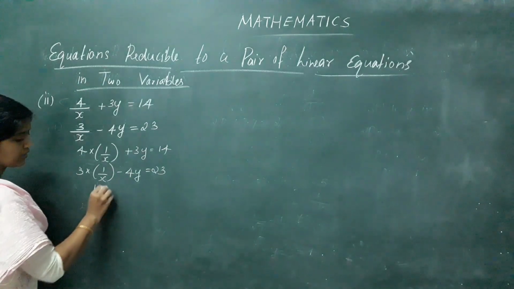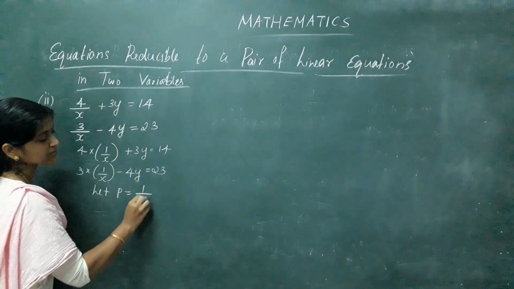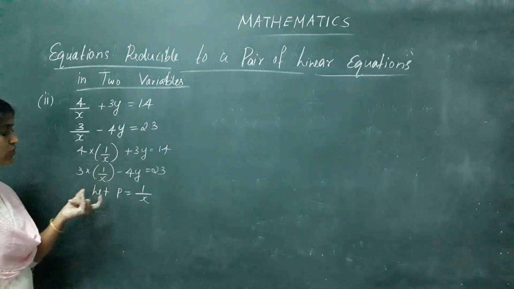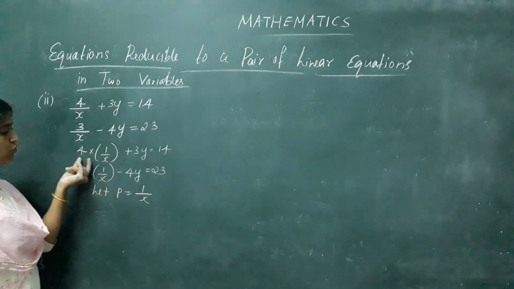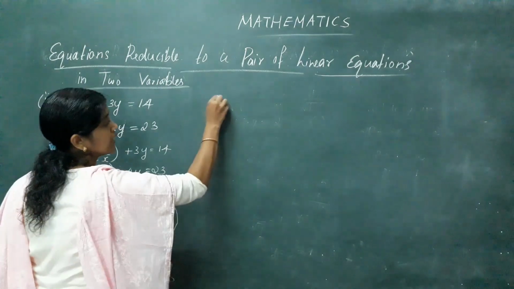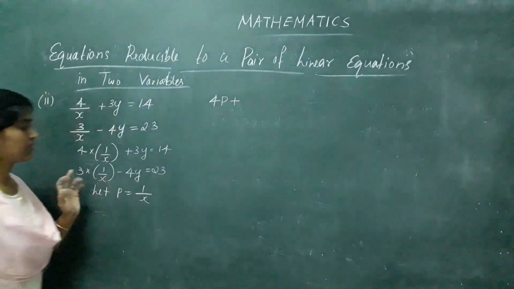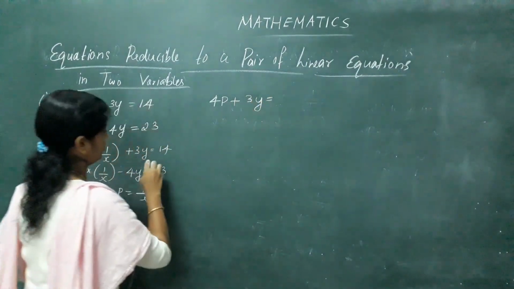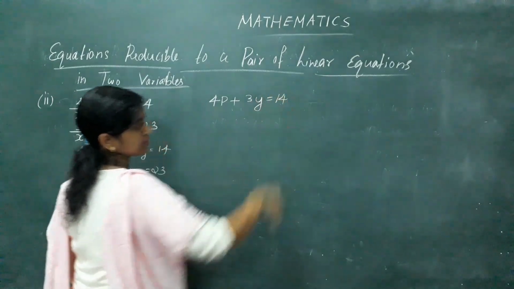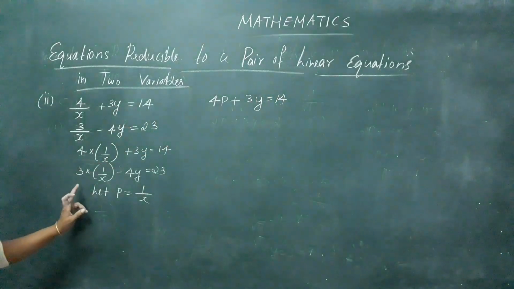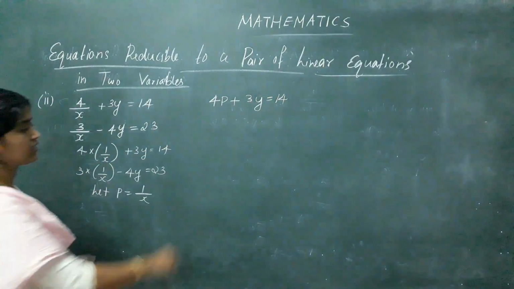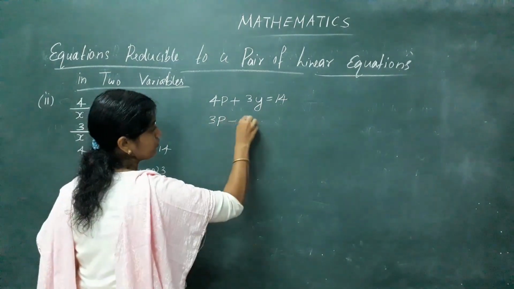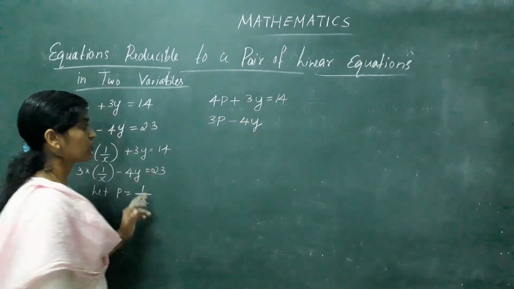So let p is equal to 1 by x. After taking p as 1 by x, our equation reduces to 4 into 1 by x means 4p plus 3y, that's equal to 14. Clear? Next, 3 into 1 by x, that is 3p minus 4y, that's equal to 22.